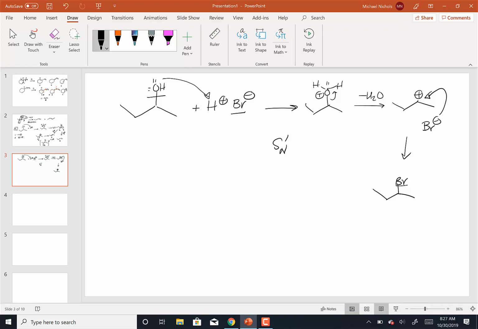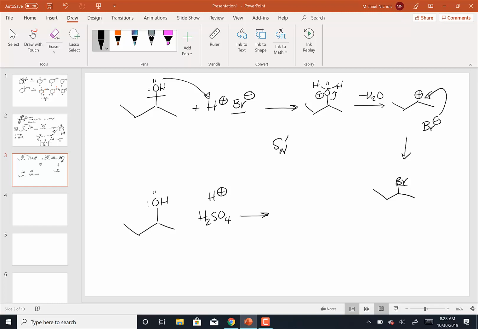So then if I want to do dehydration, what do I have to do? I've got to choose an H plus that doesn't have a conjugate base that's a nucleophile, basically. So what I can do is take my alcohol, but now use H2SO4 as my source of H plus.